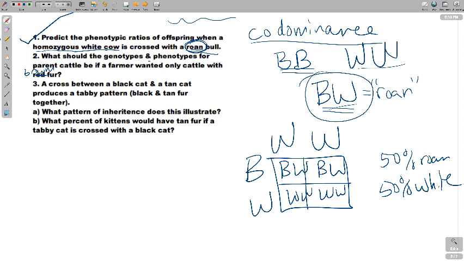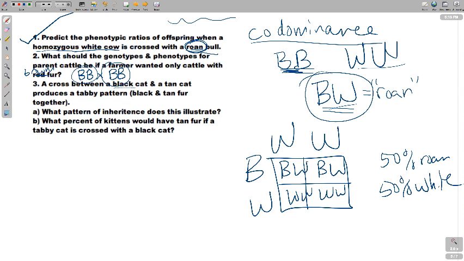If he was smart, he would breed only red cows, like this. In our case, it's brown, because I told you that it was brown and white. It should be red and white. Whatever. So this cross obviously would give you all red fur, brown fur. I just confused myself.